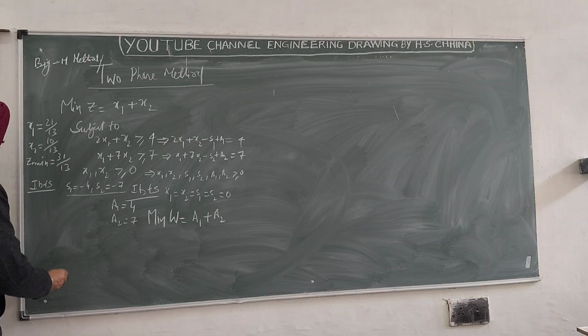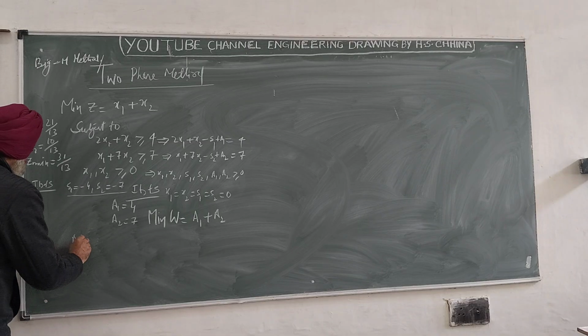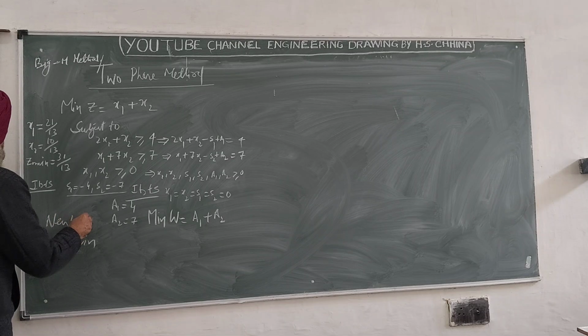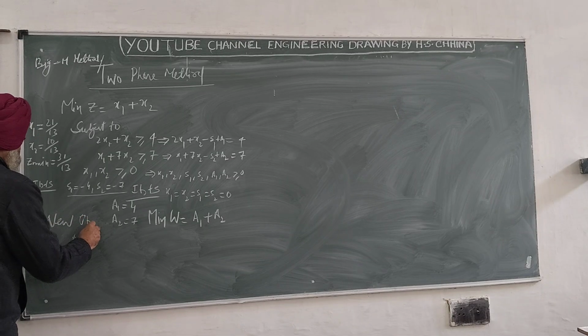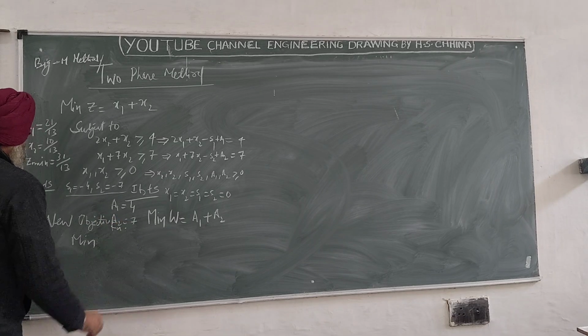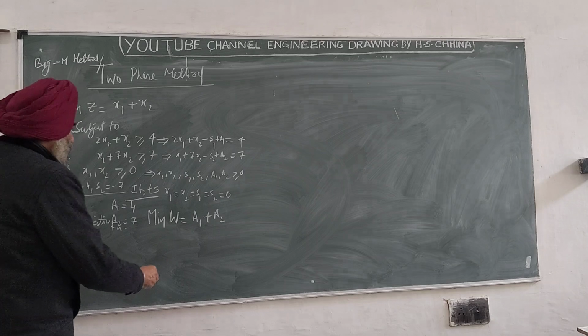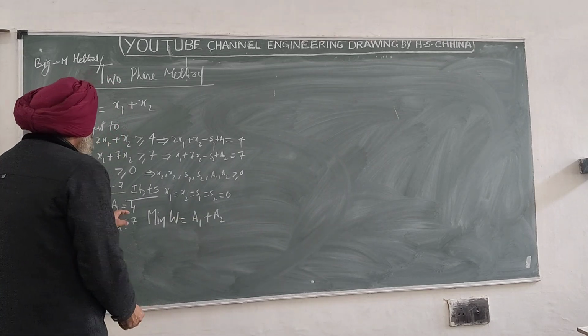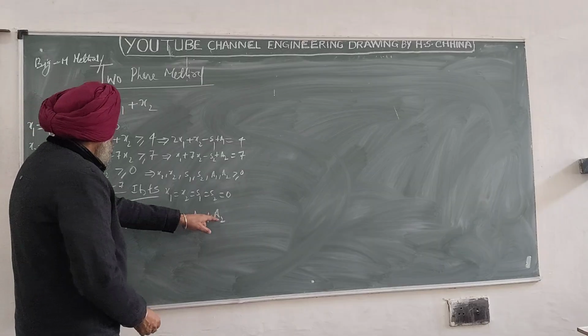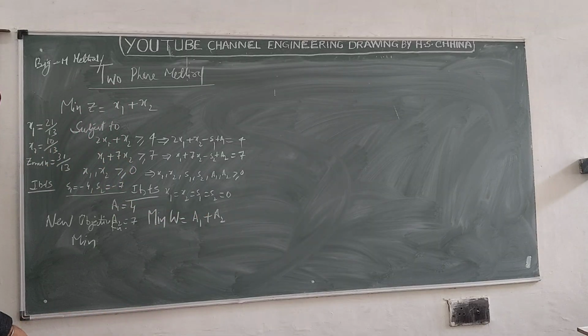This is phase 1, the new objective function. The value of A1 plus A2 is 4 plus 7, so the value is 11.